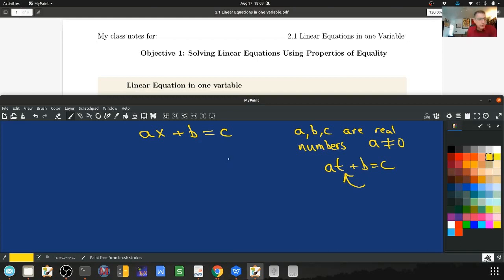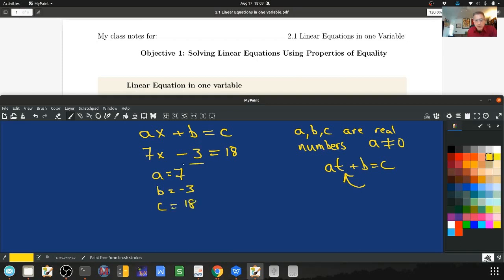For the most part, we're going to use x as our variable. So a specific example is 7x minus 3 is equal to 18. In this case, a is equal to 7, b is equal to minus 3, and c is equal to 18.